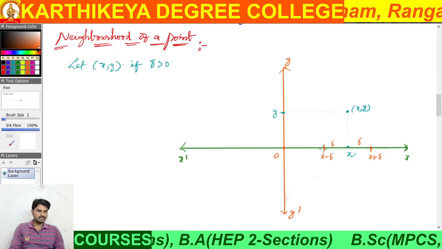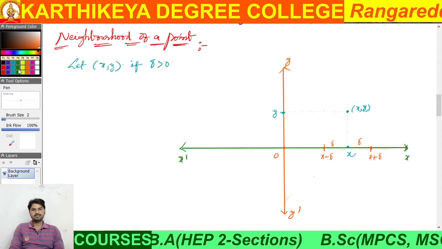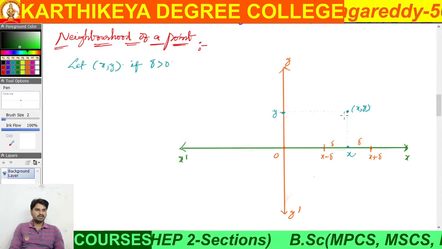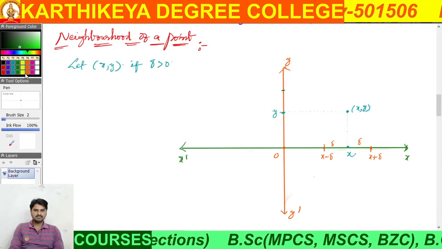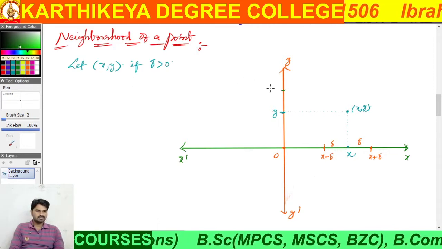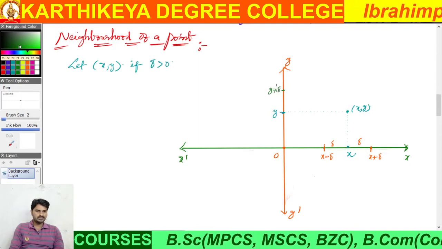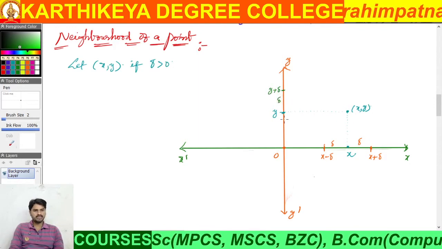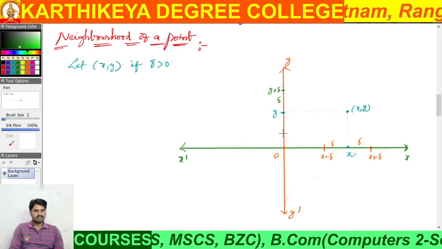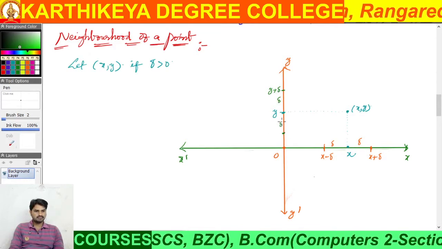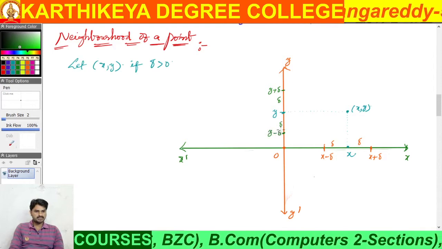Okay, the same process. If you take the same distance on the y-axis, you have to write here y plus delta. If you take delta unit distance in the upward direction, that point is y plus delta, and in the downward direction, this is y minus delta.